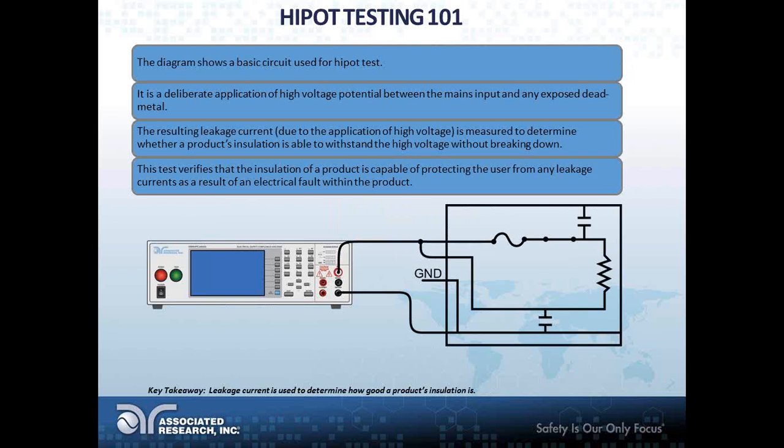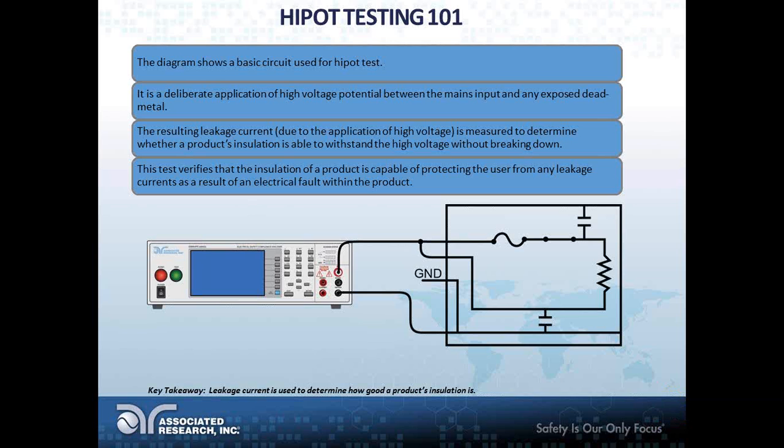Here's a quick picture showing how the Hipot test is performed from a circuit point of view. On the right side, you can see that we have our product, and on the left side we have our all-in-one electrical safety compliance analyzer, the Omnia 2, which is also capable of performing both AC and DC Hipot.